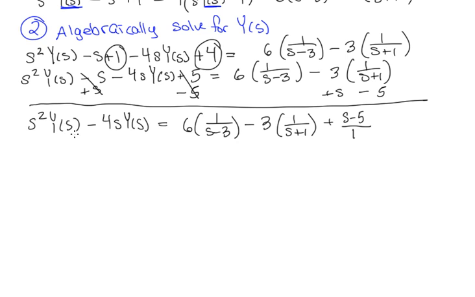Now this has a Y of s and this has a Y of s, so we could just factor out a Y of s. And then on this side we are adding and subtracting fractions. In order to add and subtract fractions, we need all to have the same denominator. So when we do that, the right-hand side is going to look like this.